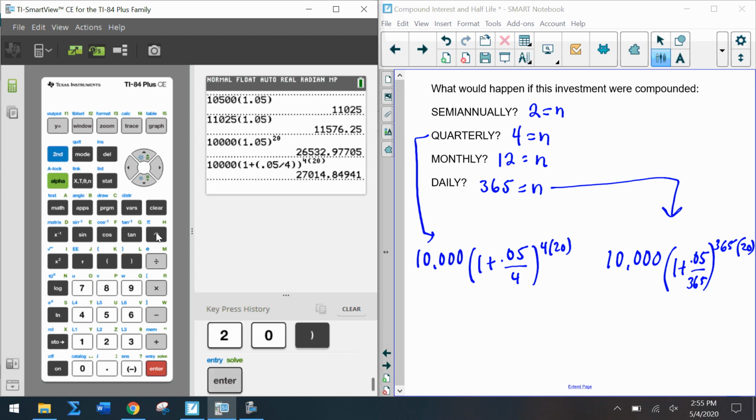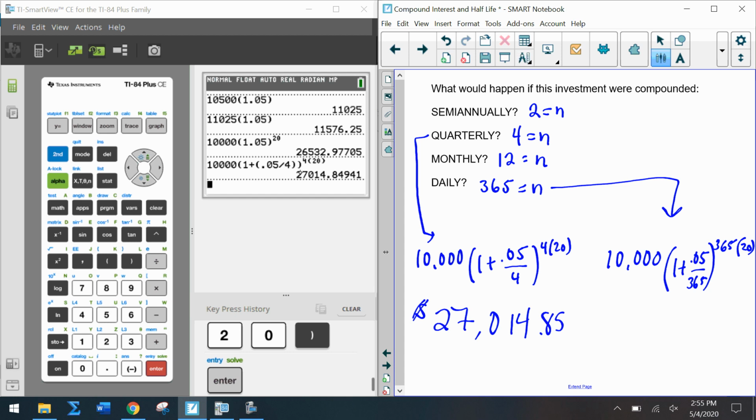Enter. And look, after compounding 4 times a year, we get $27,014.85. That's how much money we would have at the end of those 20 years.